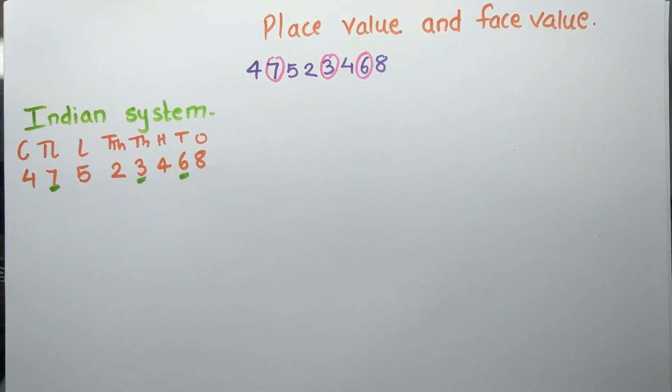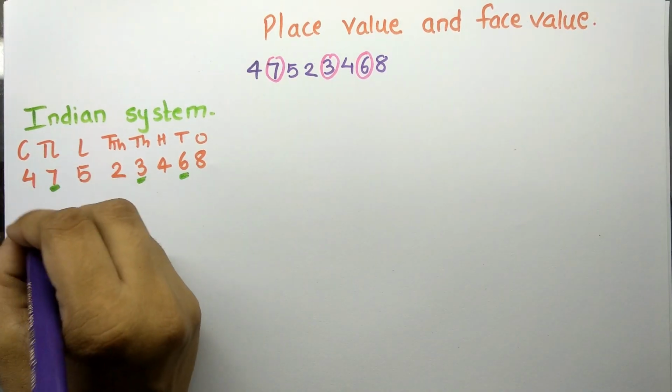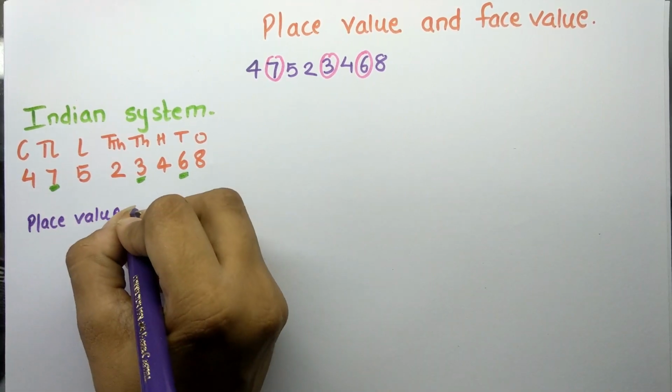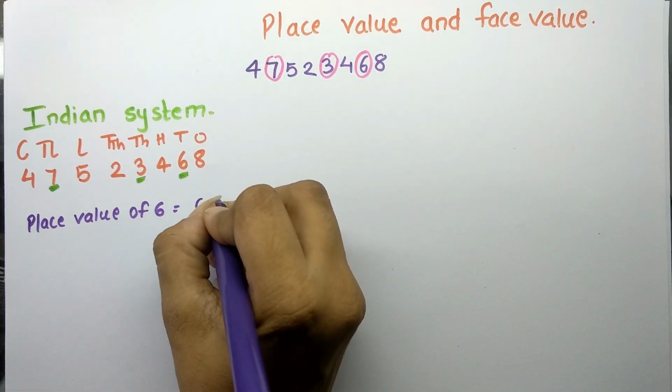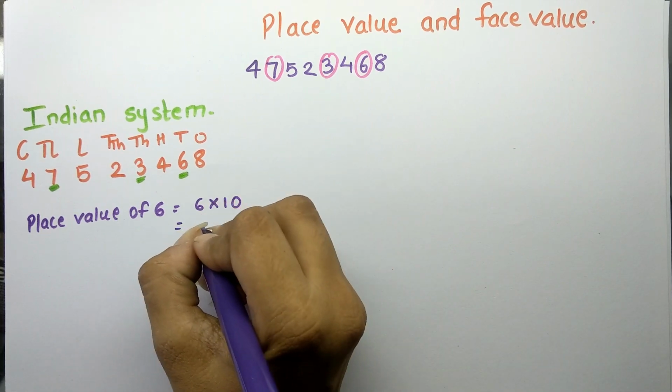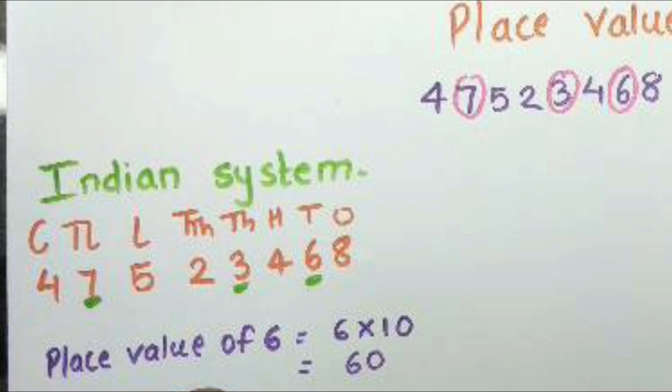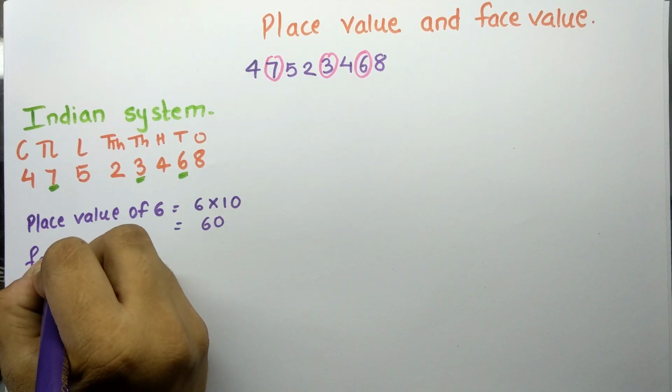I have to write the place values of 7, 3 and 6. I'll start with 6. So the place value of 6 is 6 multiplied by 10 because it is in tens place. So you can write it either as 6 multiplied by 10, 6 tens or just 60.